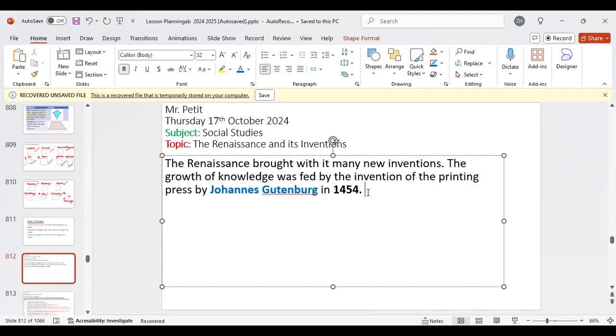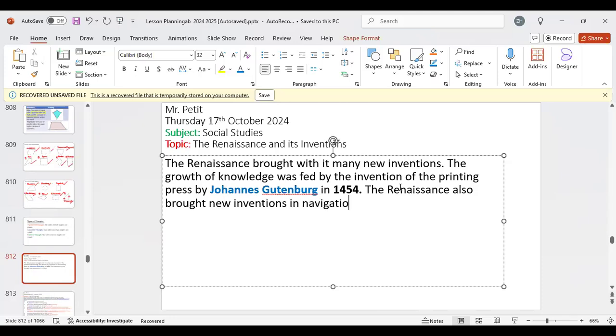But the Renaissance also brought new inventions in the area of sailing. This is what I want to focus on. The Bible was also made on it. The Bible was the first book that was printed. That's correct. The Renaissance also brought new inventions in navigation.